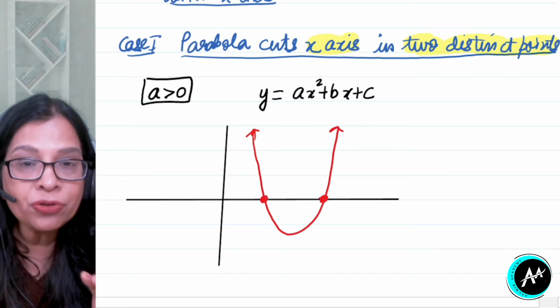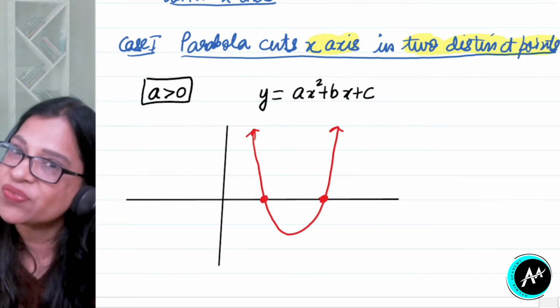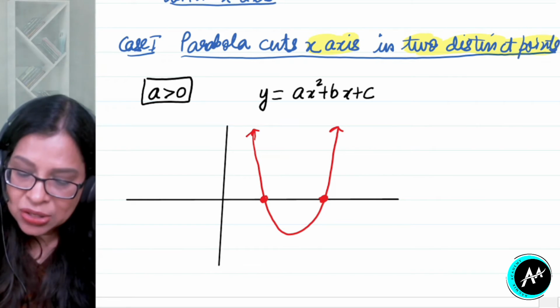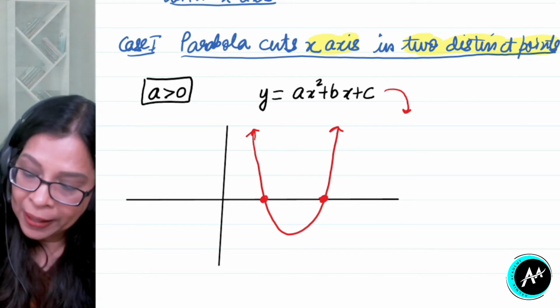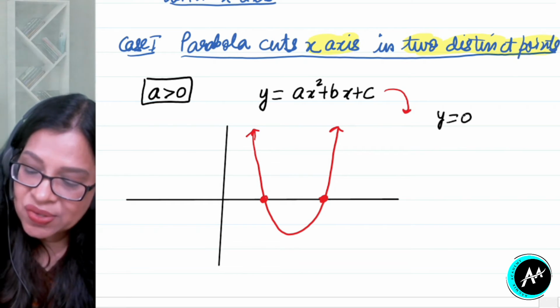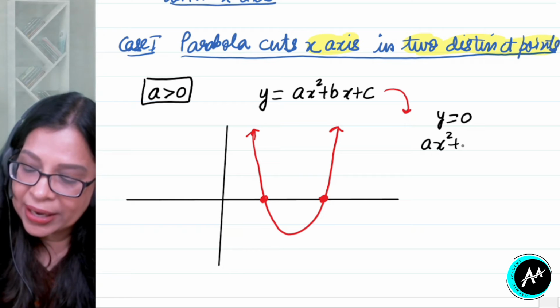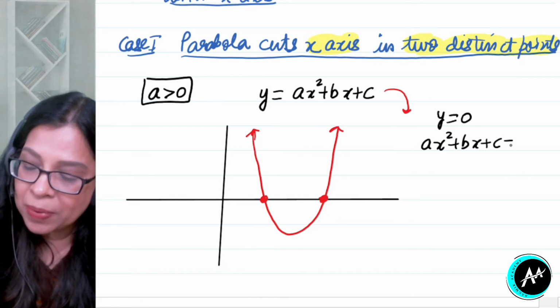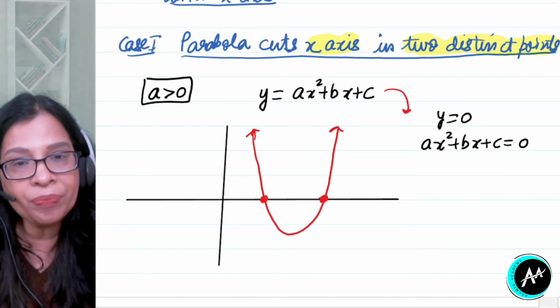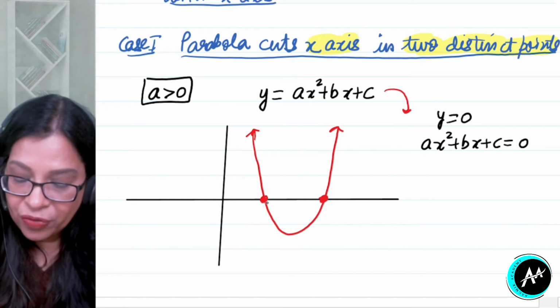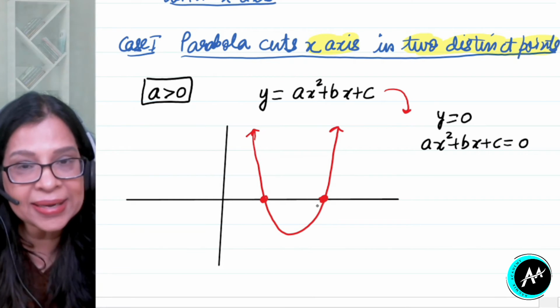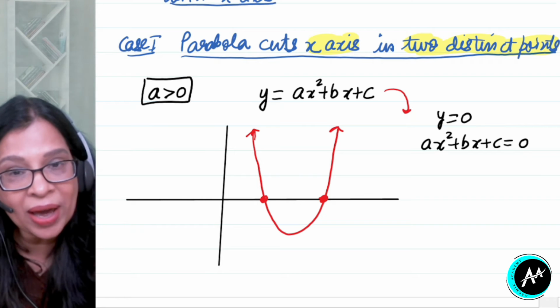You know that if you take any point on the x-axis, the y coordinate is 0, right? So these are the points for which y is going to be 0. So if y is 0, you can see it becomes the quadratic equation ax square plus bx plus c equal to 0. So the roots of this equation are these 2 points where the parabola is intersecting the x-axis, because these are the corresponding values of x.